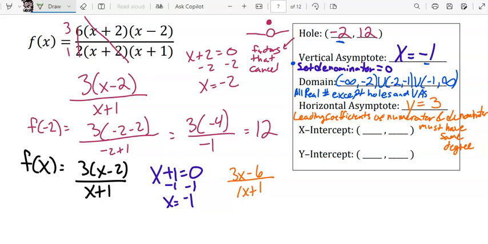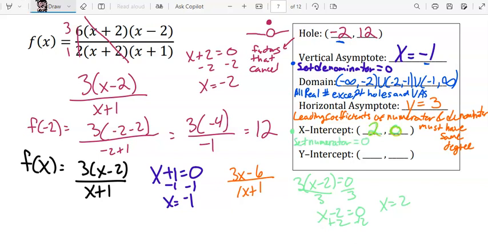Alright, for the x-intercept, you want to set the numerator equal to 0. And then for the y-intercept, you plug in x is equal to 0.